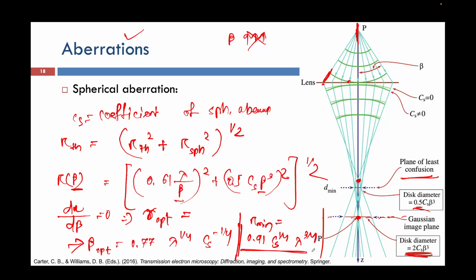If you remember, in one of our previous practice questions we derived how R minimum is affected when spherical aberration comes into the picture.